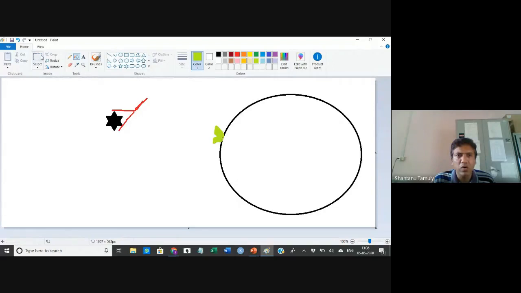How are they going to bind? This receptor will bind the FC portion of the antibody. It will bind the FC portion of the antibody only when the antibody is bound to the antigen. It will never bind the free antibody.